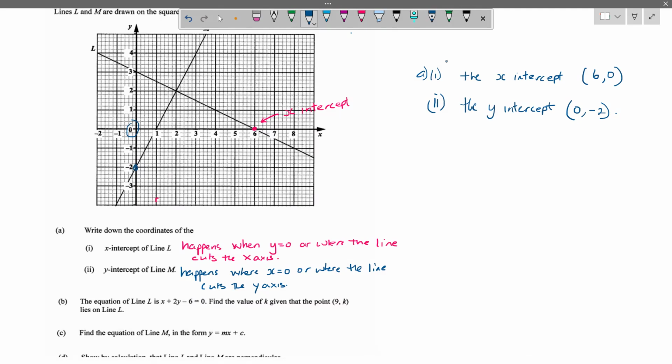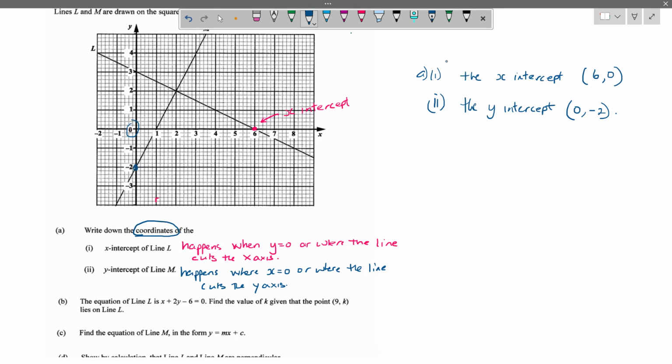Right? So the intercepts are points, they are coordinates. They say write down the coordinates. So a coordinate has an x and a y value. For the x-intercept, the y value is always 0. For the y-intercept, the x value is always 0. That's common knowledge that you have to know, like your times tables.